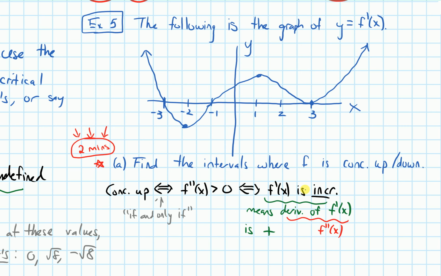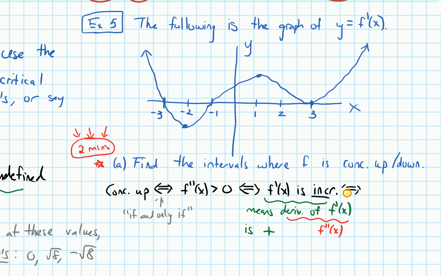When f prime of x is increasing, its derivative is positive. Well, the derivative of f prime is f double prime, and that's what the previous statement said: the second derivative is positive. So that's where this equivalency comes from. So all we're looking for is when the first derivative, which is this graph right here, is increasing. So I just look at the graph to determine that.